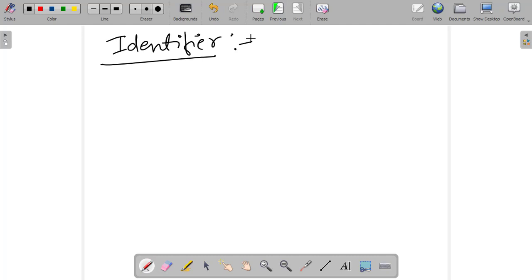I think it is quite overwhelming here, but you will learn these concepts in later videos. As of now you can focus on the rules to declare an identifier.